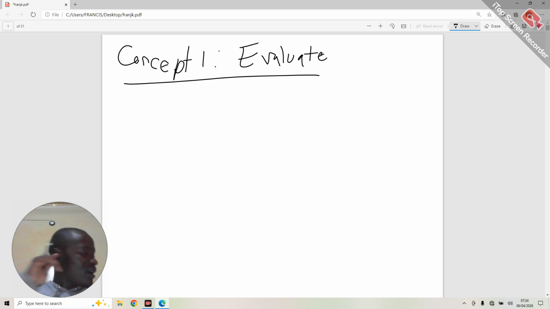For example, let me use this example. Evaluate giving your answer to 4 significant figures. Look at that term. What you as a student, what should you underline? Let me write that question. Example 1.